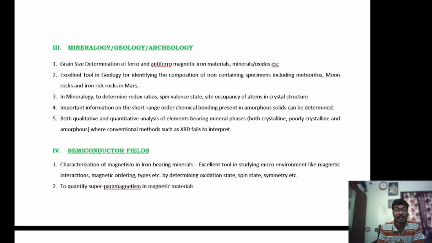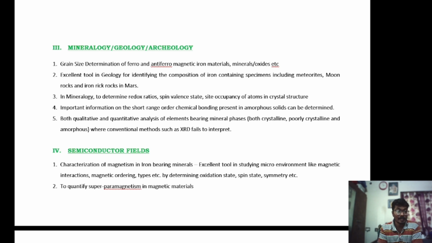It is an excellent tool in geology for identifying the composition of iron containing specimens including meteorites, moon rocks, and iron rocks in Mars. So in astrophysics and astronomy, astrochemistry also, once we get samples collected from the moon rocks or Mars, etc., we can rely on this MÖSSBAUER spectroscopy to find the exact composition of iron in these rocks.